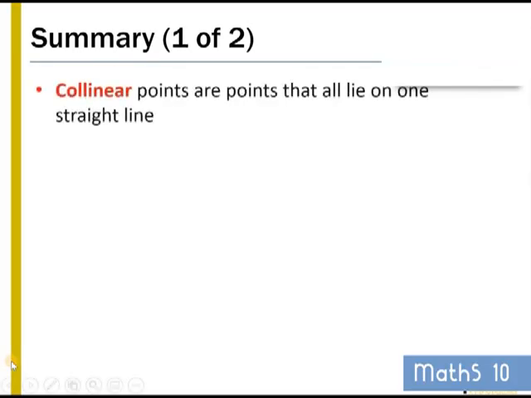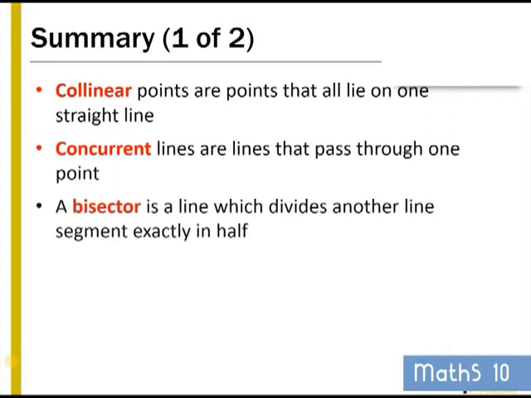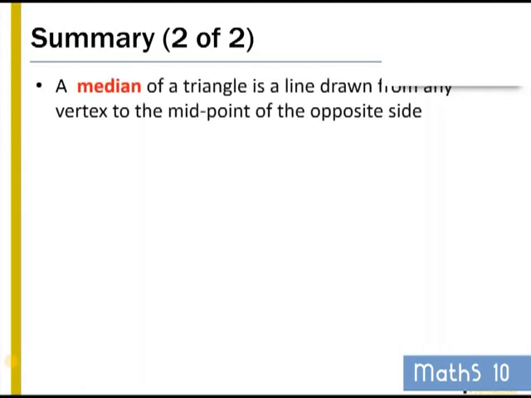To summarise, collinear points are points that all lie on one straight line. Concurrent lines are lines that pass through one point. A bisector is a line which divides another line segment exactly in half. A median of a triangle is a line drawn from any vertex to the midpoint of the opposite side.